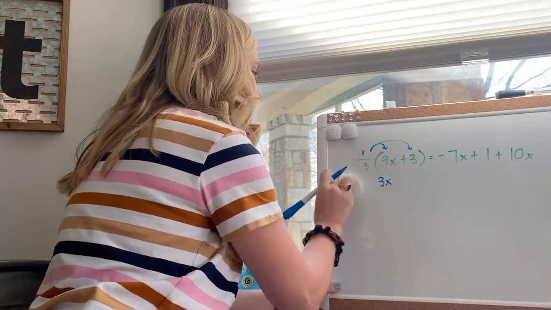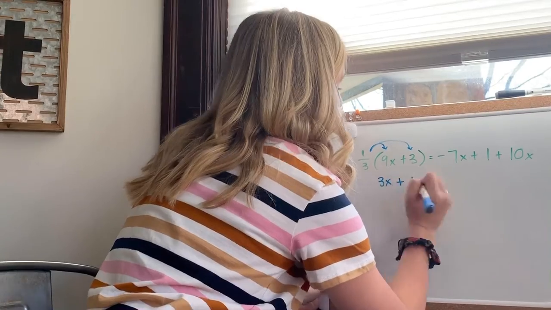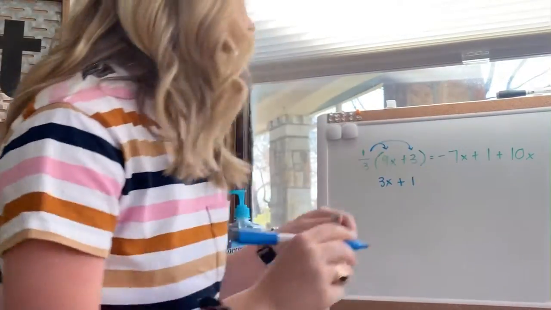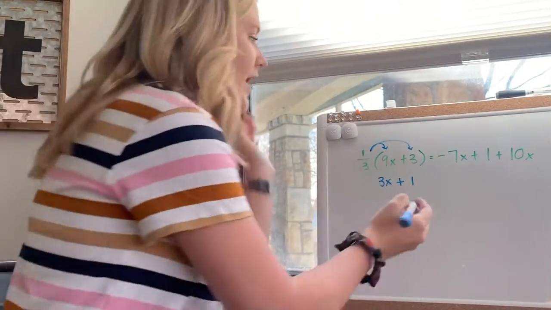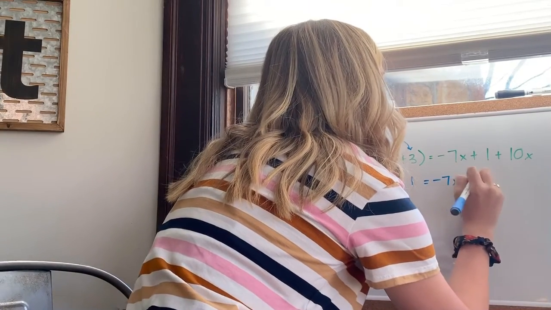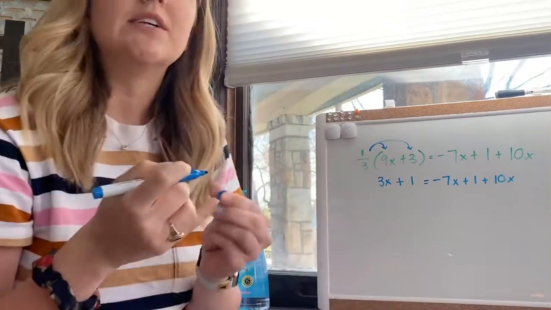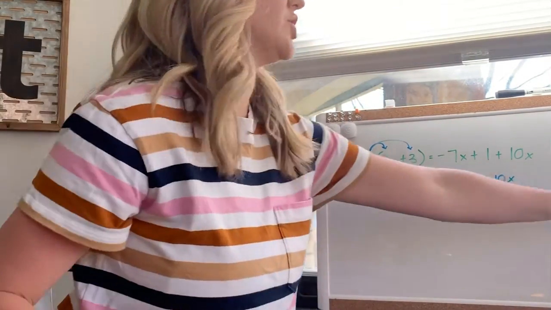So I know that 1/3 times 3 is 1. So that's plus 1. Now I've done that simplification, and that's going to be equal to negative 7x plus 1 plus 10x. So now I've done all of the distribution that I can do.